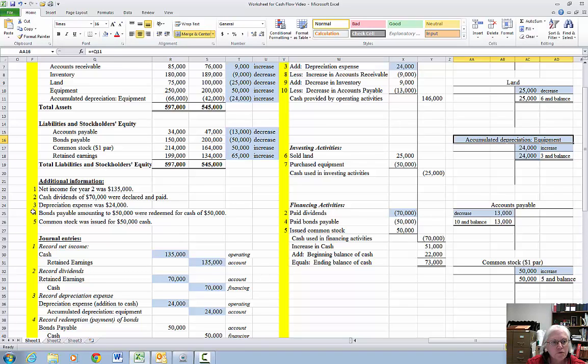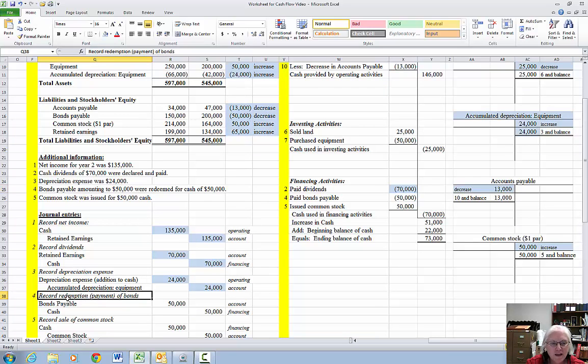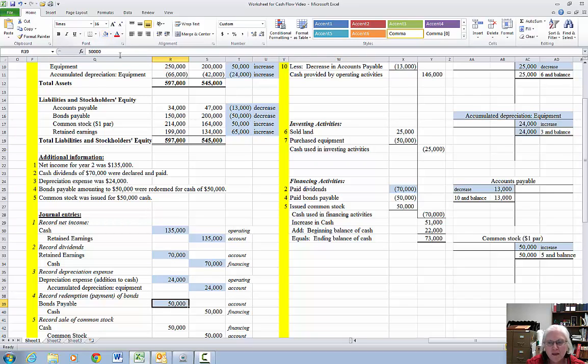All right, number 4. Bonds payable amounting to $50,000 were redeemed for cash of $50,000. That's just a fancy way of saying that we paid on our bonds. So when bonds are redeemed, it means we paid some of them off. So you decrease your bonds payable with a debit of $50,000, and I will do that over here.